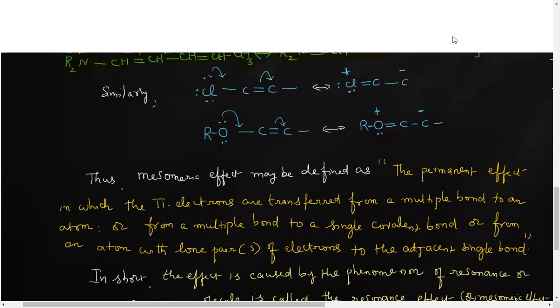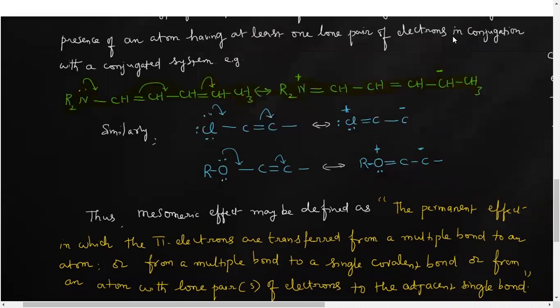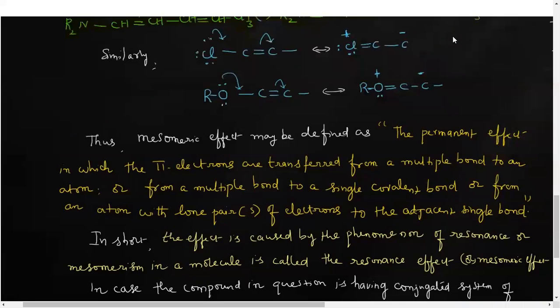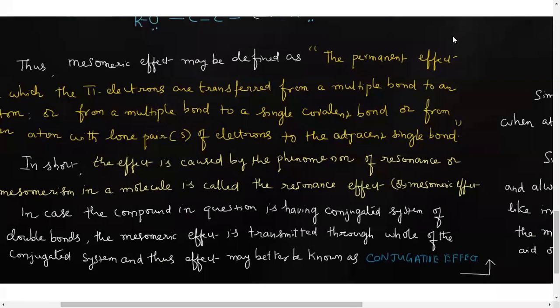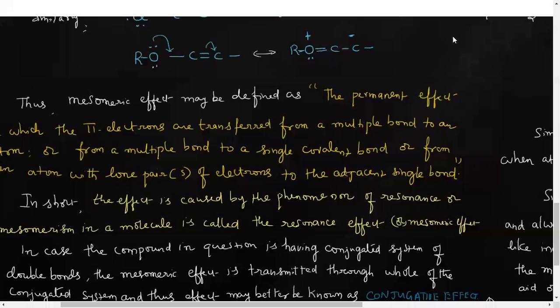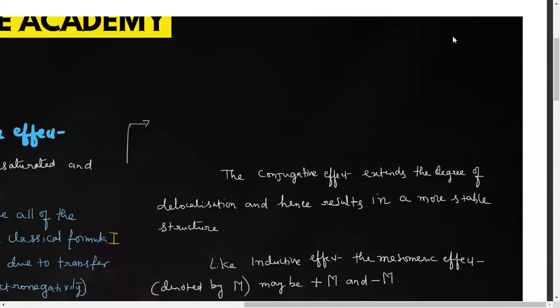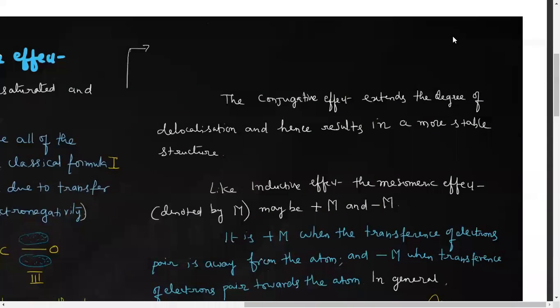So mesomeric effect or conjugative effect, we can say conjugative effect is the name of this electronic displacement effect. Next, the conjugative effect extends the degree of delocalization, and hence results in a more stable structure.